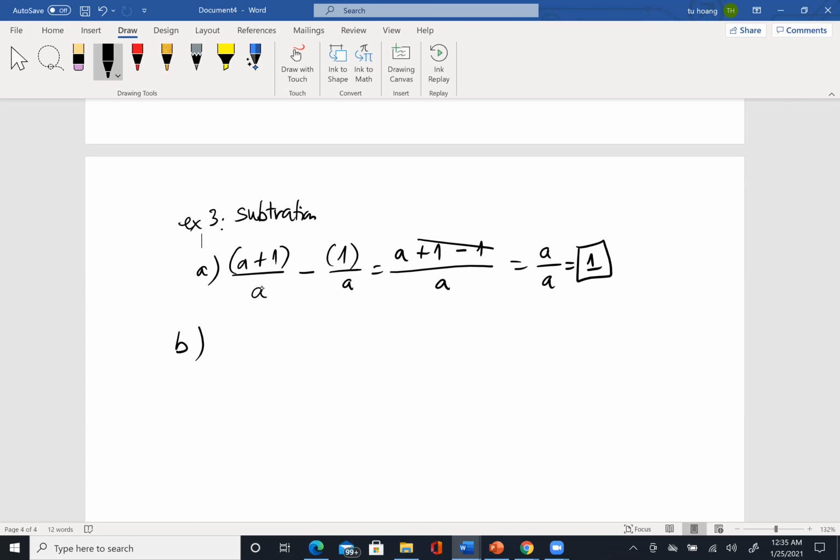So let's go with the next one. I'm going to have, let's say, 1 plus x over 2x squared plus 5x minus 3, minus negative 2 over 2x squared plus 5x minus 3. Okay, I always have balancing, so don't forget it.